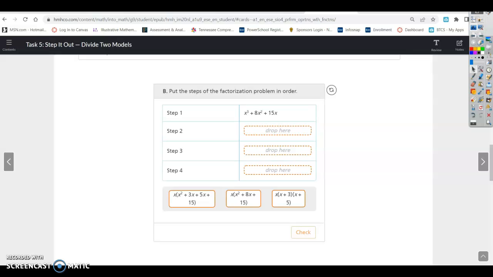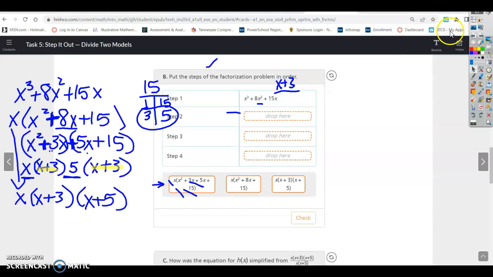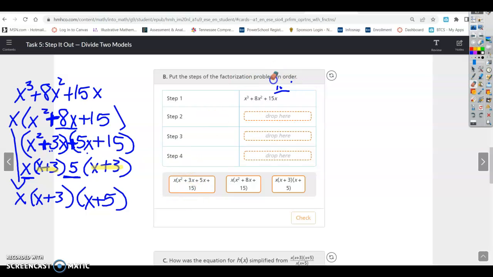It says, put the steps of the factorization problem in order. Let me back up here. Here's where I factored. So what did we do?